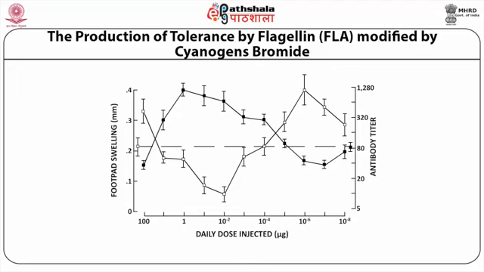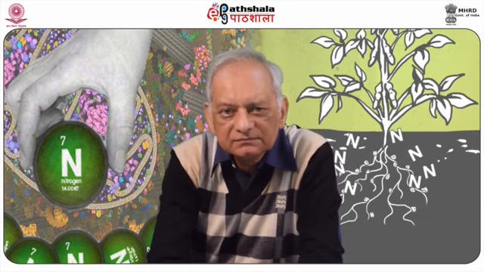By that time, it was known that cyanogen bromide cleaves the protein at places where methionine is present and accessible to the reagent. These studies indicated that there is a reciprocal relationship between cell mediated immunity and humoral response. It may be interesting to note two interesting facts.